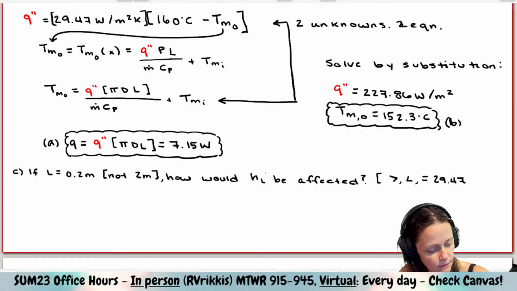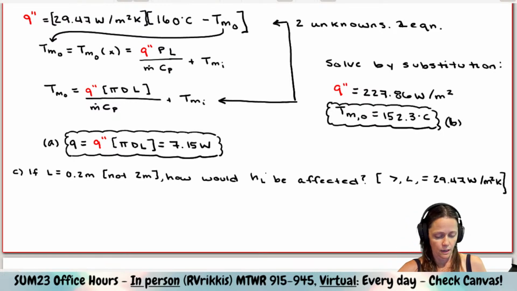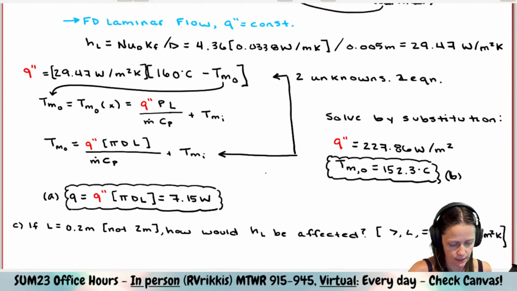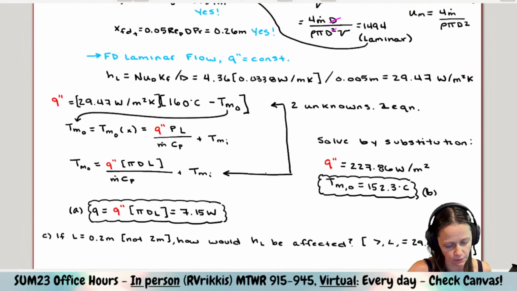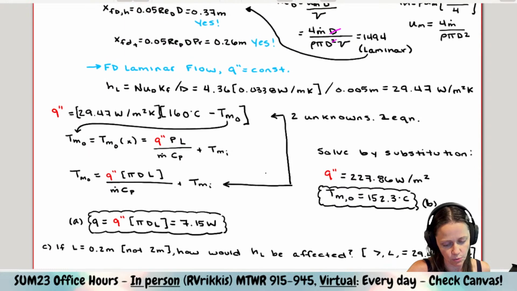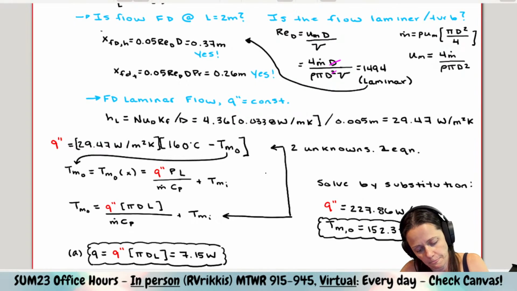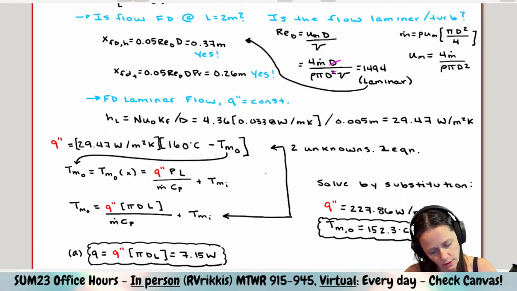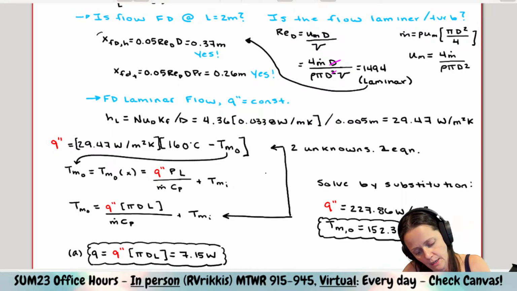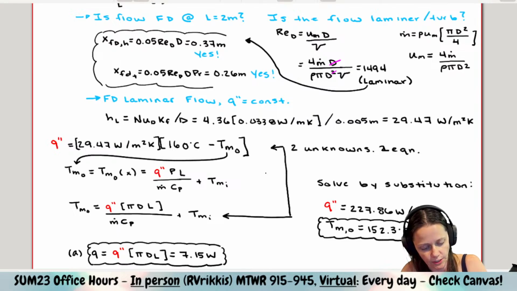29.47, and it's watts per meter squared Kelvin. All right, so let's look at what that would affect. The thing that would be affected is this part, both of these actually.